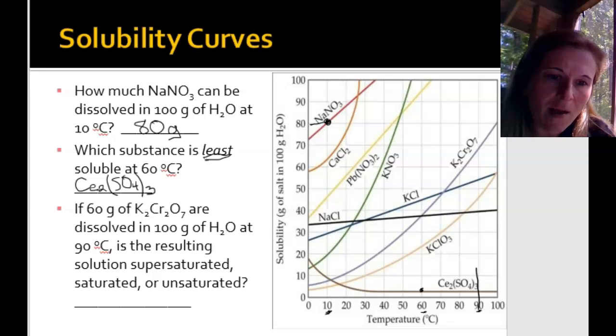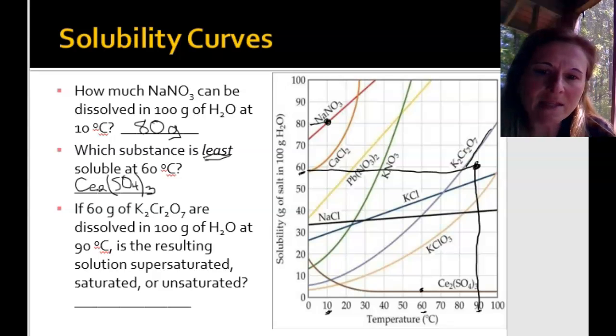So we go up from 90 and see where 60 grams meets the temperature of 90 degrees. We see that where those two meet is below the saturation line. So this is unsaturated because it is below the saturation line.